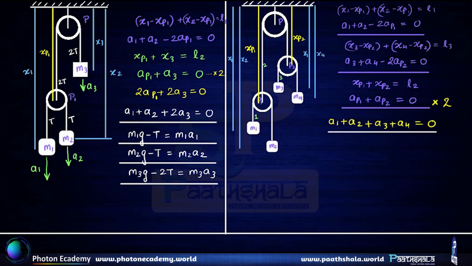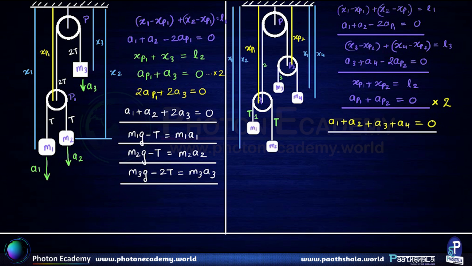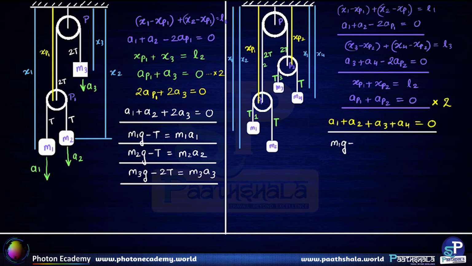Okay, so the equations for all the masses are simple over here. The tension in the strings are as shown. So this is T, this is T, this is T, this is T, and the tension in this string 2 happens to be 2T. Alright, so for the mass m1 we can simply write m1g minus T is equal to m1 a1.